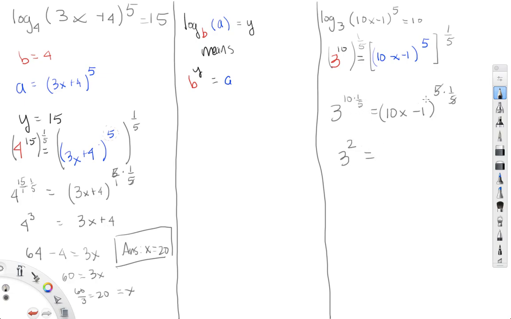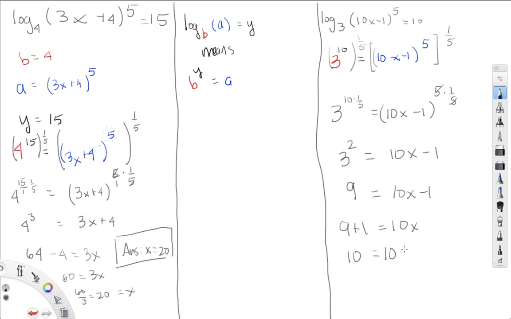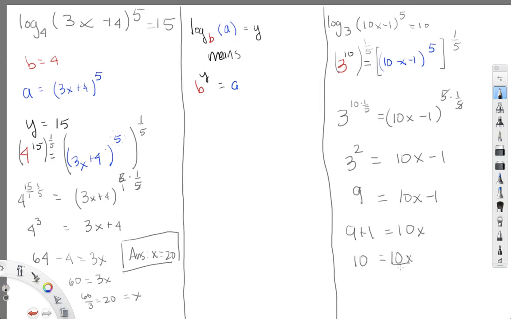So we get 3 to the power of 2 equals 10x minus 1. 3 times 3 is 9, equals 10x minus 1. 9 plus 1 equals 10x by adding 1 to both sides. 10 equals 10x. So x equals 1.